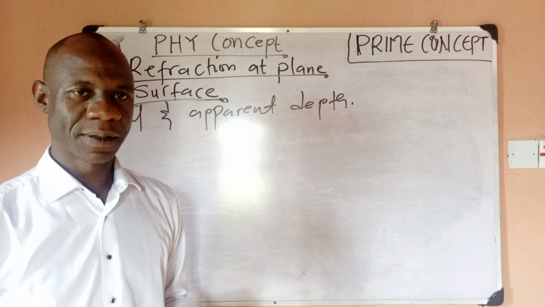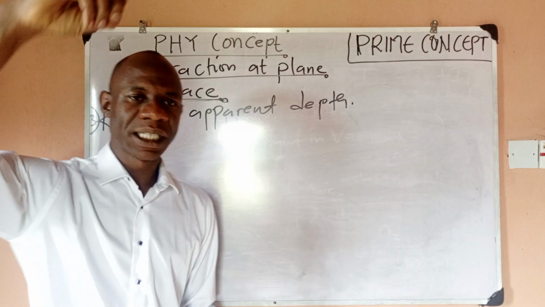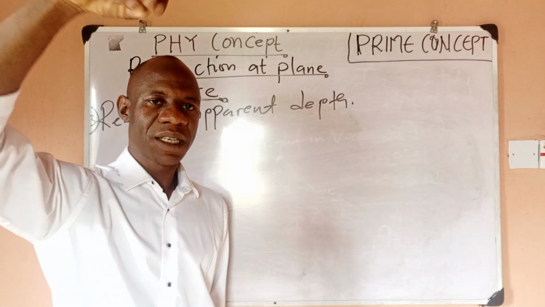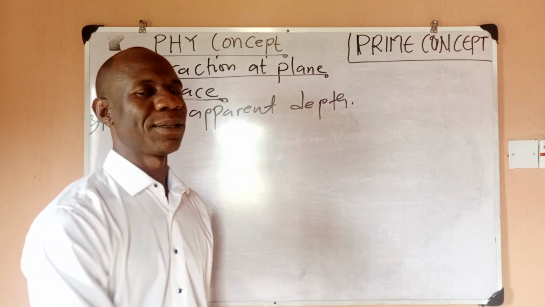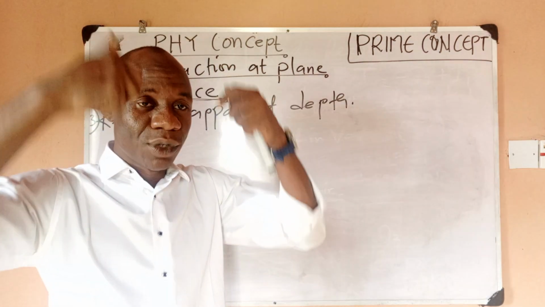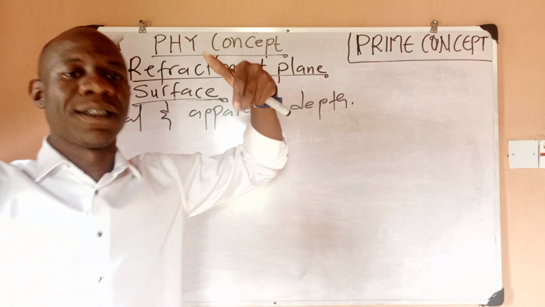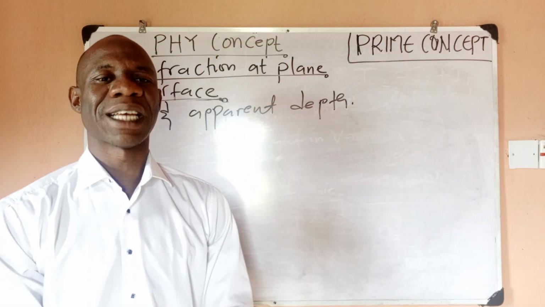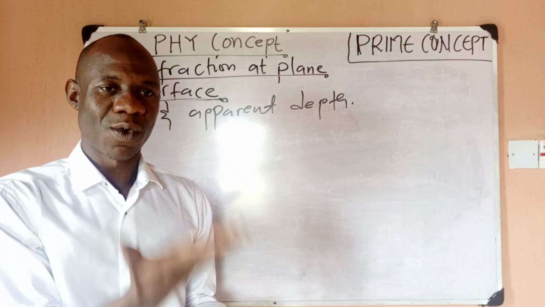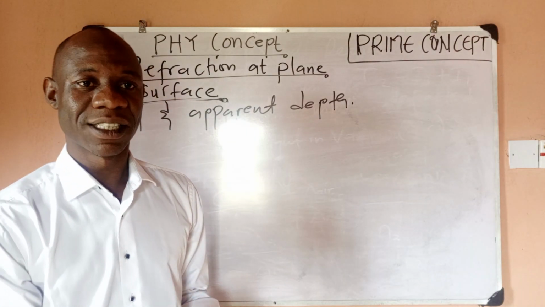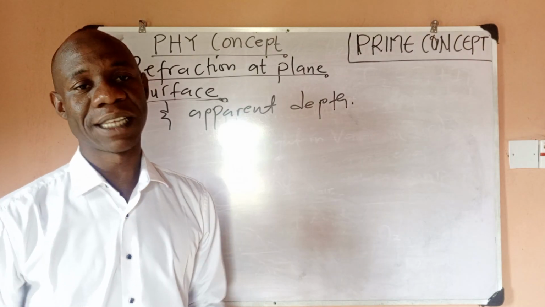Apparent depth. Now, the same way, if I bring a stone and drop it inside that water, and that stone is at the bottom of the water, and I'm viewing that stone from outside the water, it looks as if the stone is closer to the surface of the water, not knowing that the stone is actually far deep inside the water.